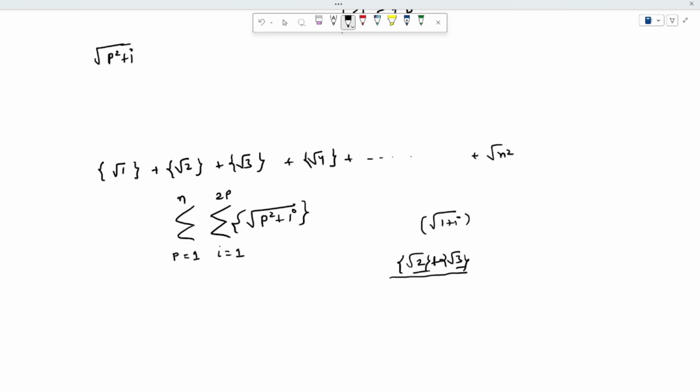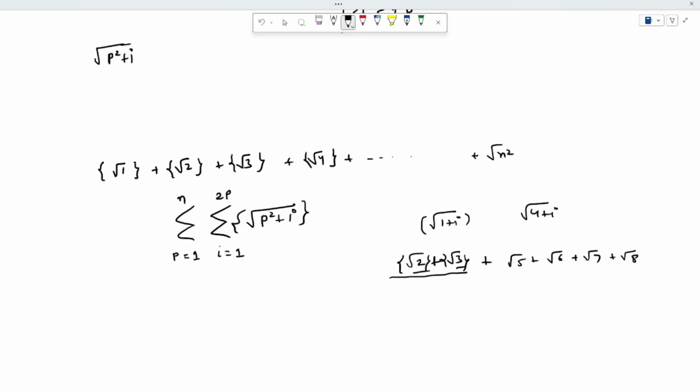If p equals 2, then this is 4 plus i, which gives root 5, root 6, root 7 and root 8.